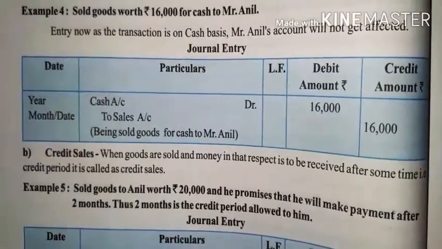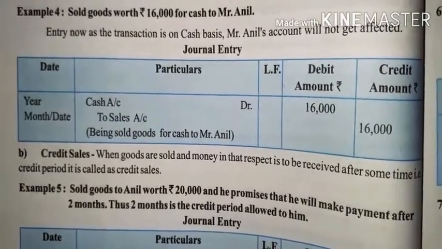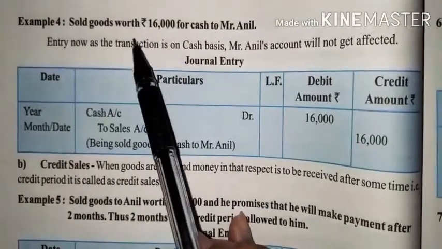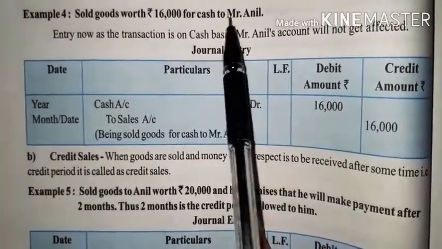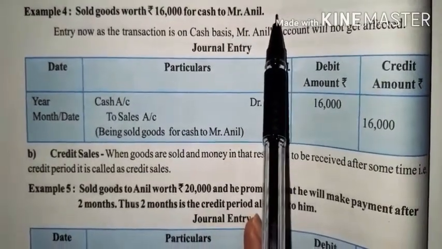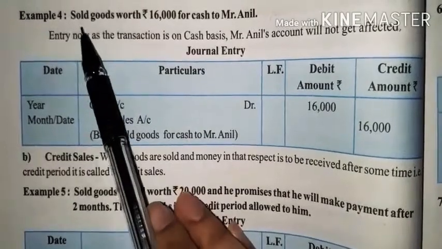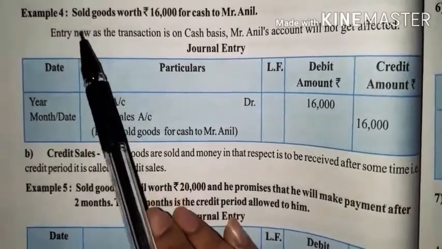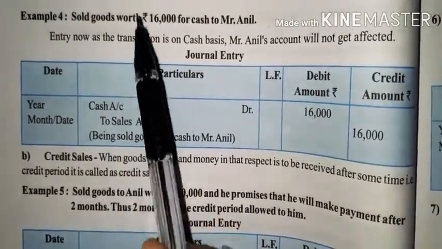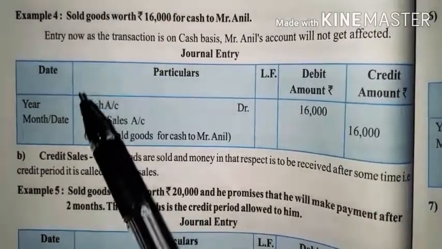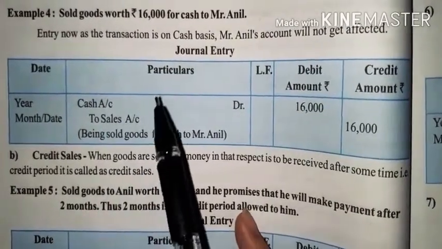Let's see an example on cash sales. Sold goods worth rupees 16,000 for cash to Mr. Anil. Now here the transaction is completely changed from purchases to sold. Let's see how this will work in a journal.